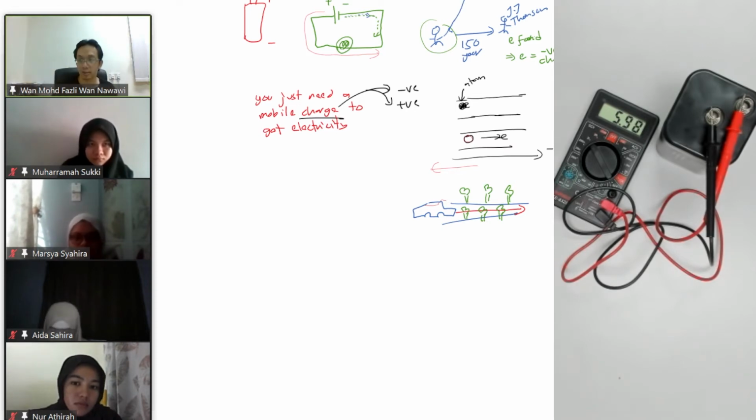It's the same with positive and negative charge here. The electron leaving the atom seems to move in one direction, but the hole inside the atom seems to move in the other direction.